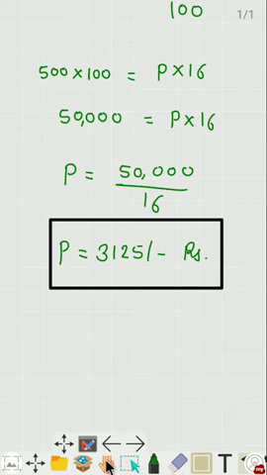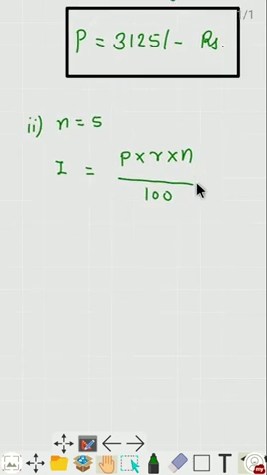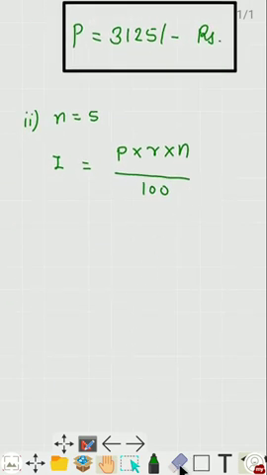Okay, so in the second case, let us take n is equal to 5. N is equal to 5. So again we use our formula. I is equal to P into R into N whole divided by 100, and in this formula we put the values of the parameters.